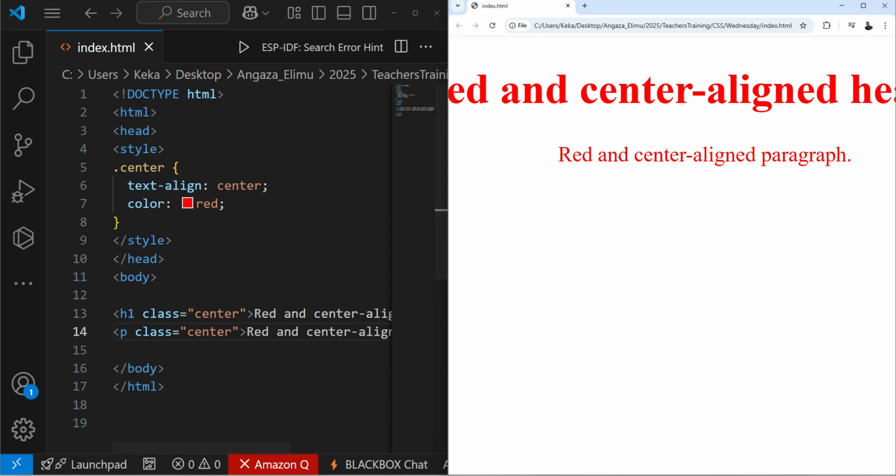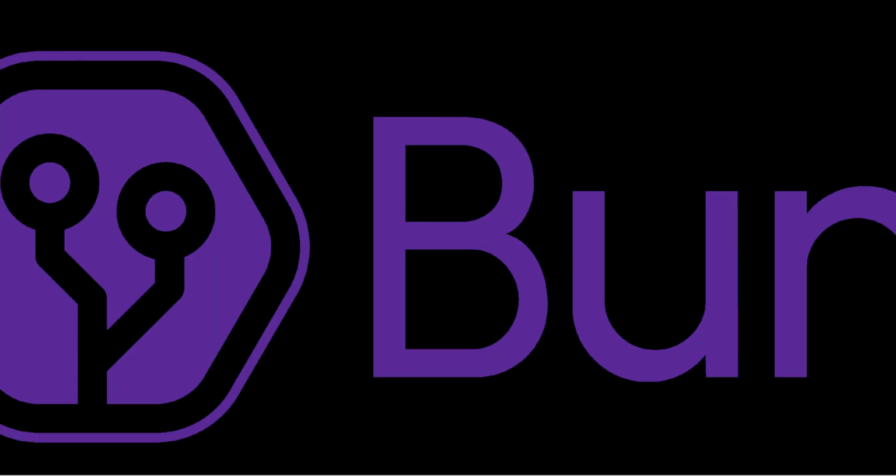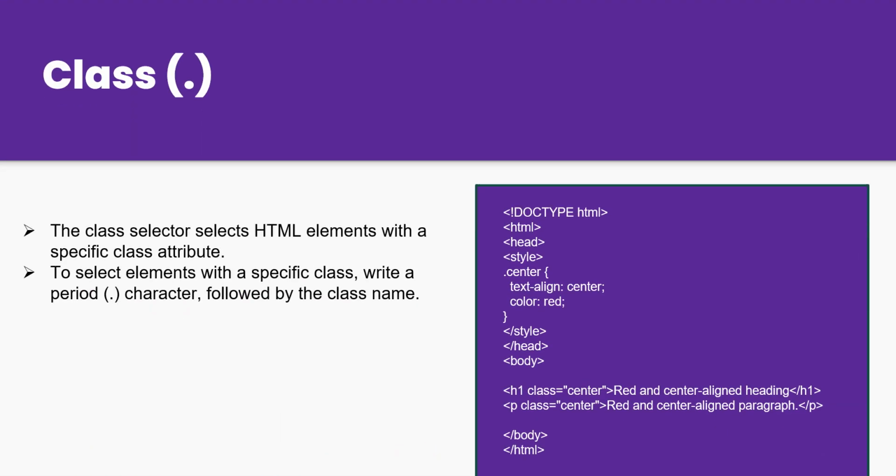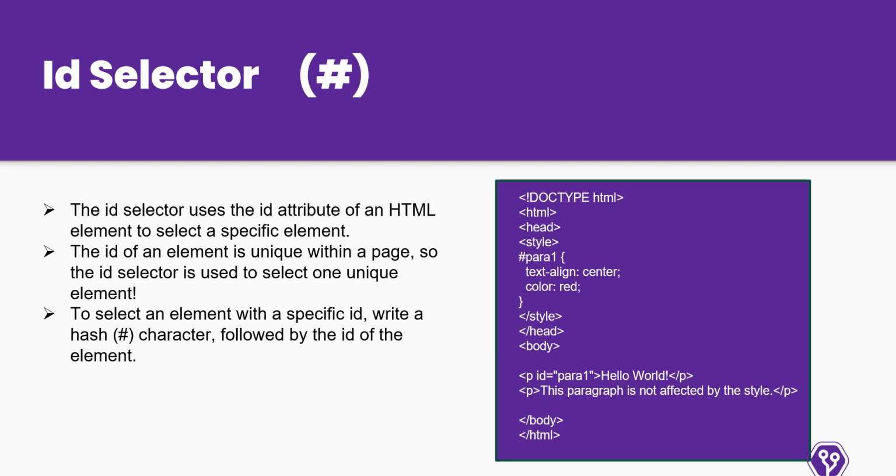and you need to use the full stop option. Let me go back to the slide. That's how we use the class attribute, and you have seen it in action. We can go to the next way of styling our CSS.